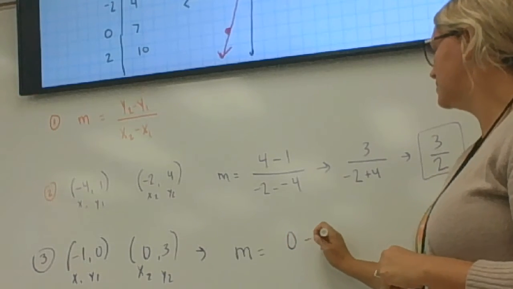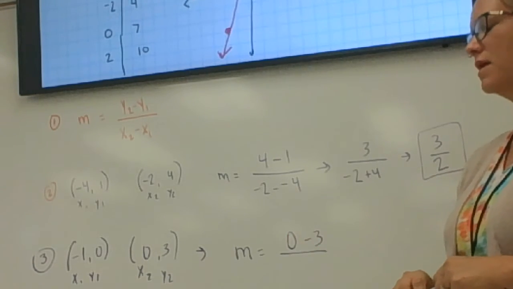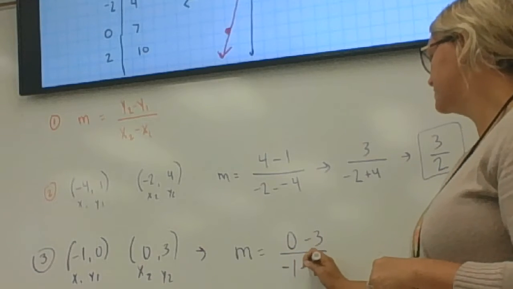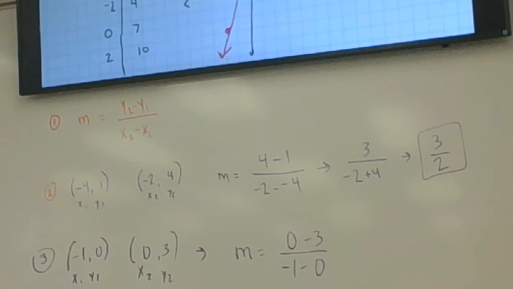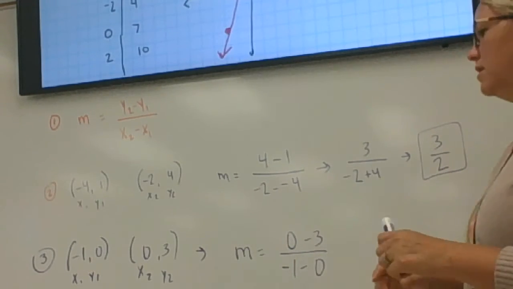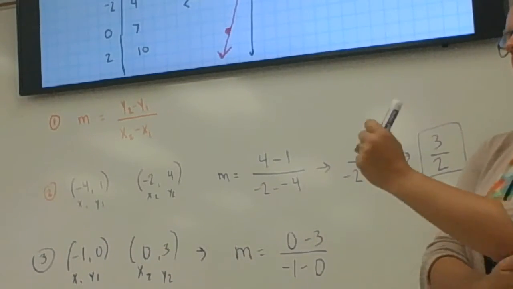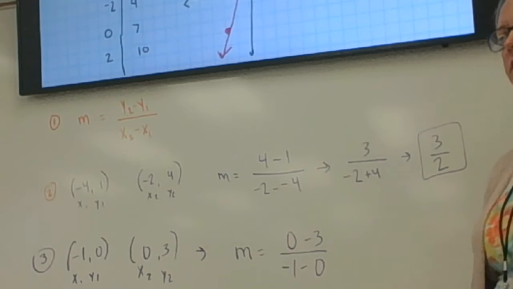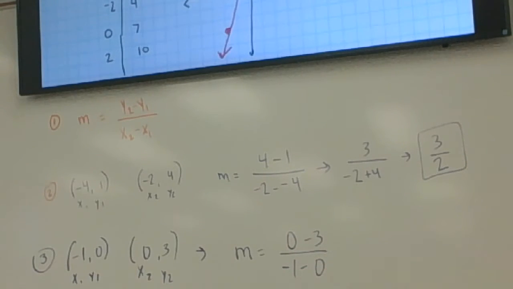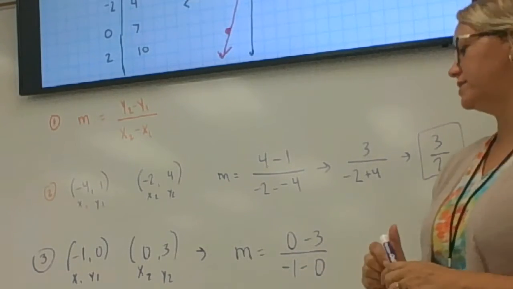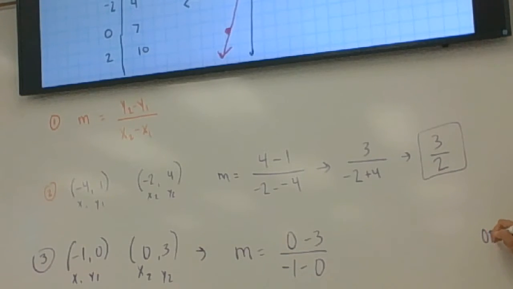Okay. Yep. All right, so I want to highlight that he did y1 minus y2 and x1 minus x2. Honestly, as long as you line them up, it's going to come out correct. So that's fine. He'll get the same answer as if I put y2 first. So I'll do both.